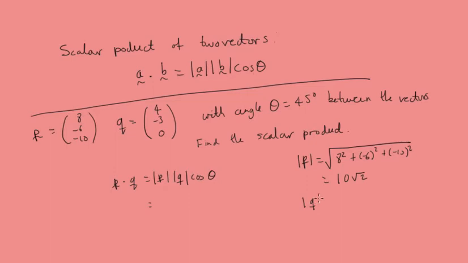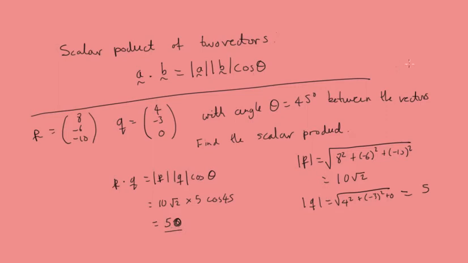And the magnitude of Q is going to be 4 squared plus minus 3 squared plus 0, and that gives us 5. So we'll have 10 root 2 times 5 cos 45. Working all that out, we'll get 50. This looks like 56, but it's 50.